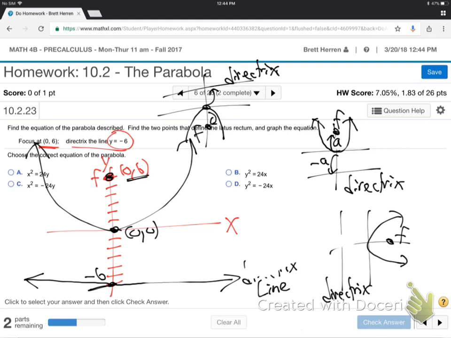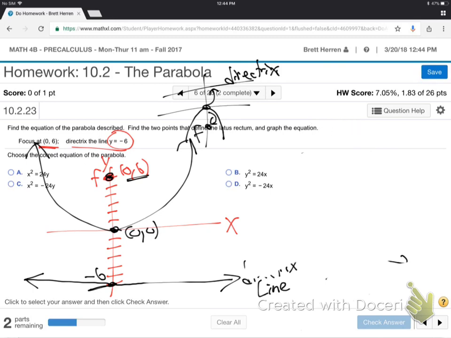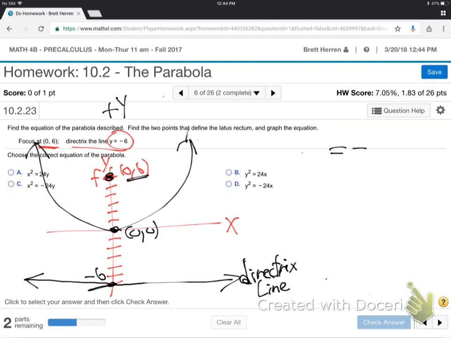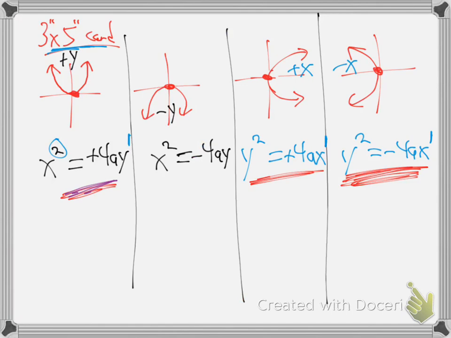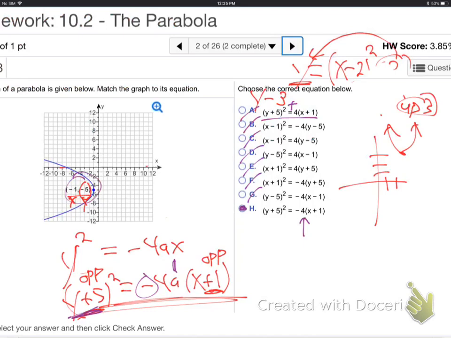So what's the equation then? We've got to come up with an equation here. Which of the basic equations is that one? It's going in the positive y direction, so x squared is positive 4ay. You can look back. Going up, x squared is positive 4ay.